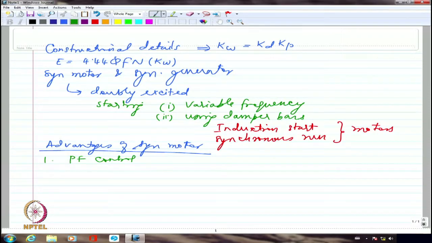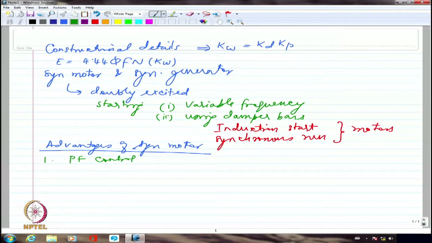So, I may be drawing a magnetizing current from the armature side if I am having a shortfall in flux. I may draw no magnetizing current at all if the flux is just sufficient. I might return some amount of reactive power to the three-phase mains if I am having excessive amount of reactive power fed from the rotor side.